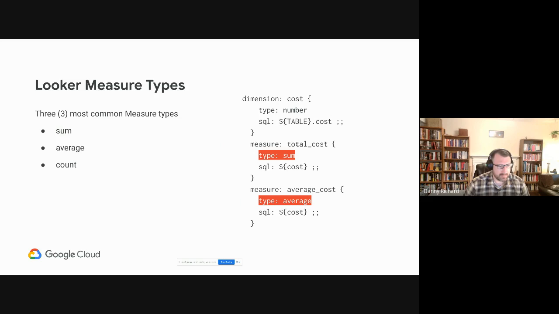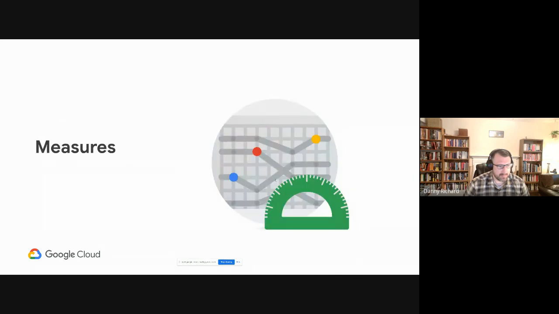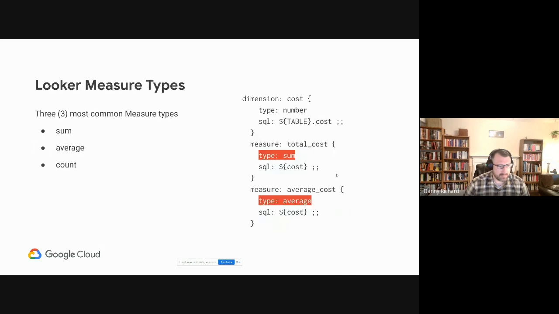So in this next example, we're calculating a measure called total cost, and you plug in for type what type of aggregation you want, whether that be sum, average, count distinct. And in the SQL statement, you're referencing the dimension field cost. So now this total cost measure is always going to aggregate field cost. And then the same goes for average, as you see down below.